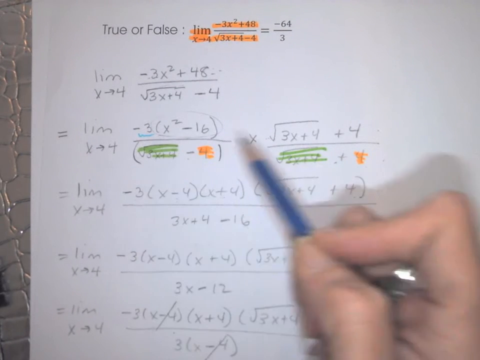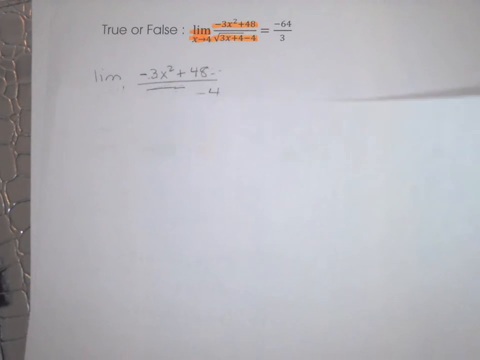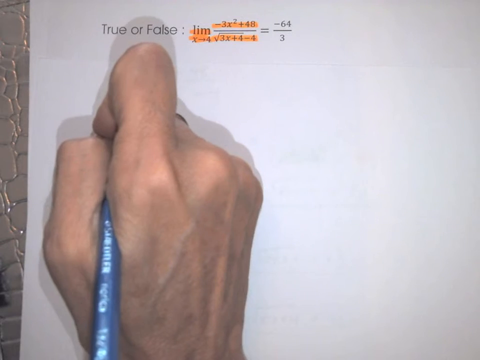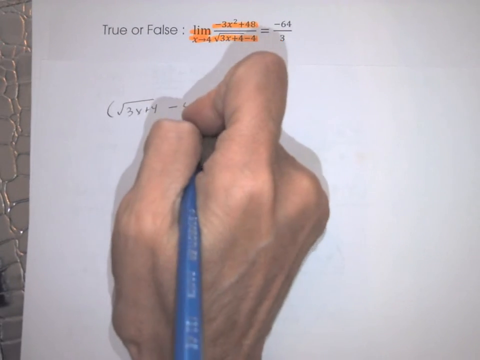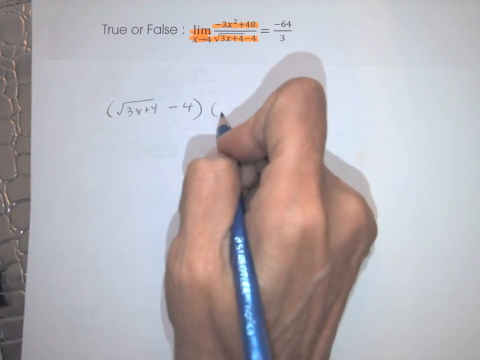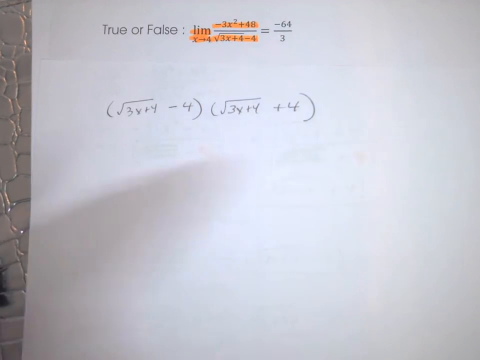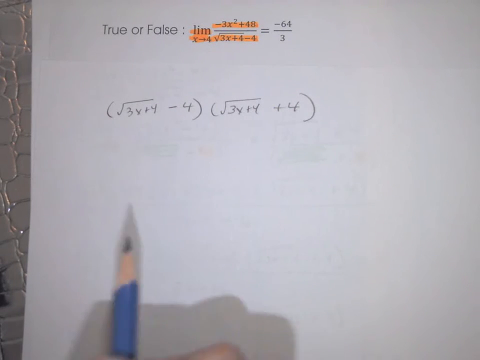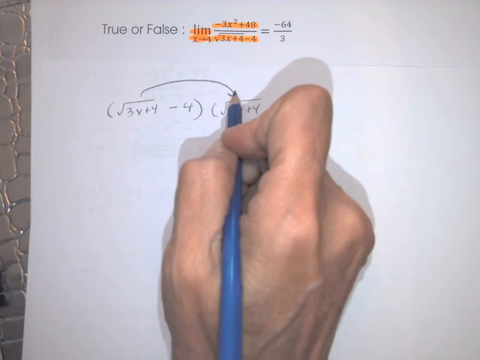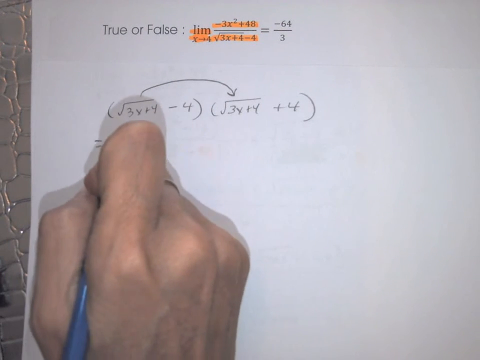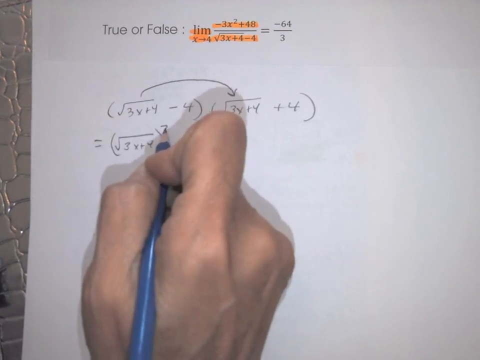These actually multiply, and I'm going to show you on a separate piece of paper. So if I multiply the square root of 3x plus 4 minus 4 by the square root of 3x plus 4 plus 4, you can use FOIL. If you multiply the first two together, you're multiplying a square root by itself, and if you square a square root, then the square root goes away.